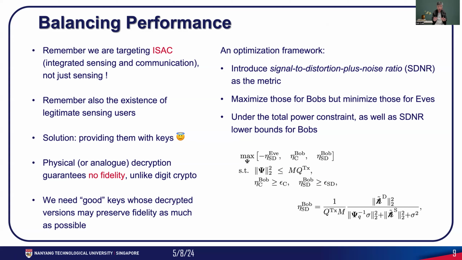However, remember that we're using physical or analog encryption. The difference between analog and digital encryption is that it doesn't guarantee fidelity, meaning that if you encrypt something analogically and then decrypt it, you don't get exactly what you had, because of all the physical or analog procedures involved in between.